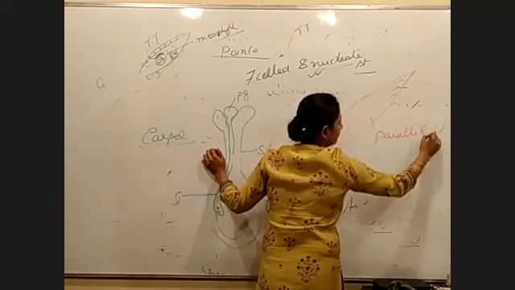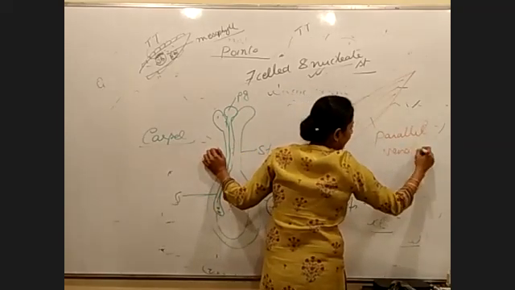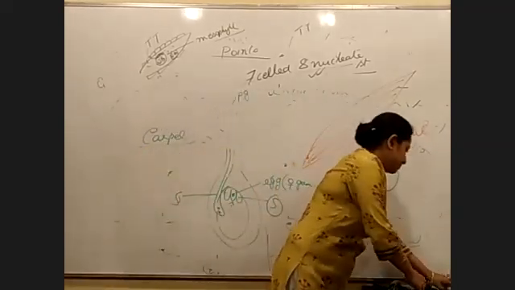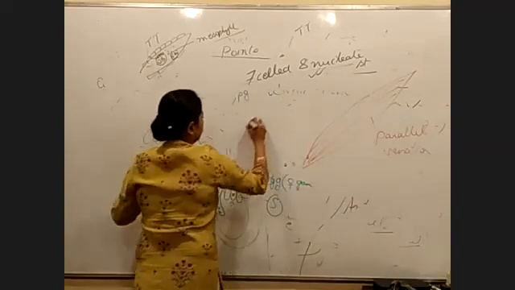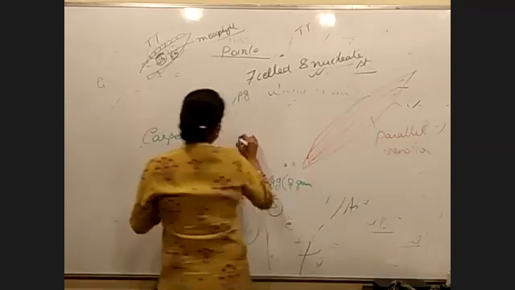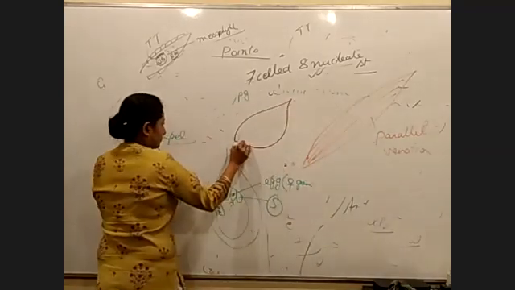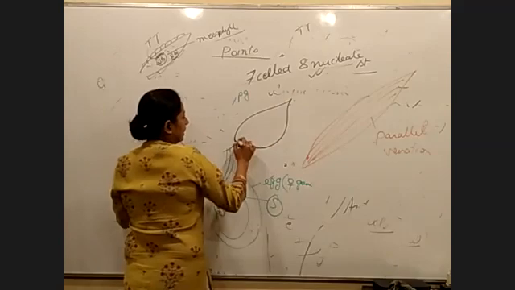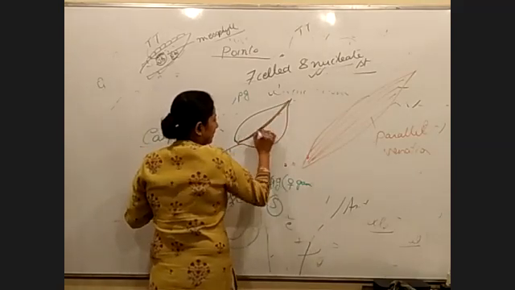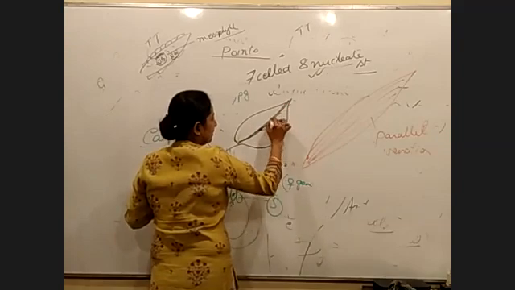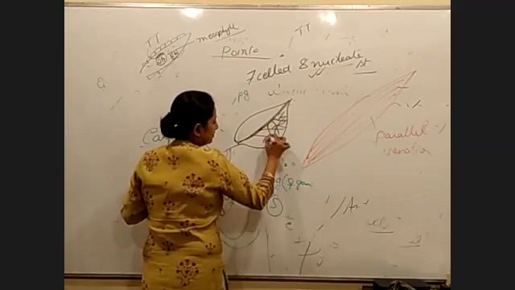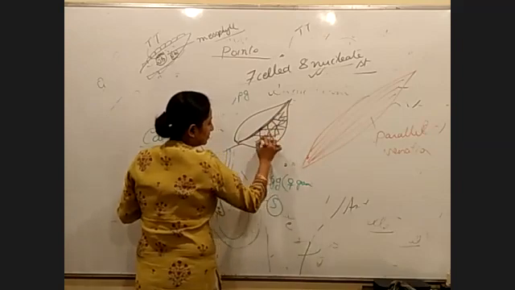parallel venation, right? And suppose we are talking about another leaf, a normal dicot leaf, any leaf that you consider. Here you will see the mid-vein, and then branches or veinlets, and the veins form almost a net-like structure. Yes, ma'am.